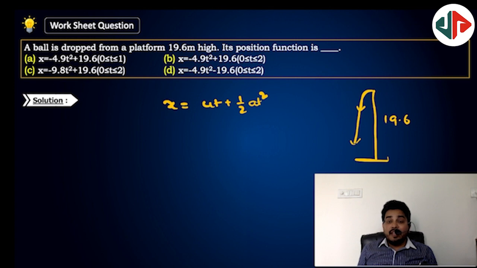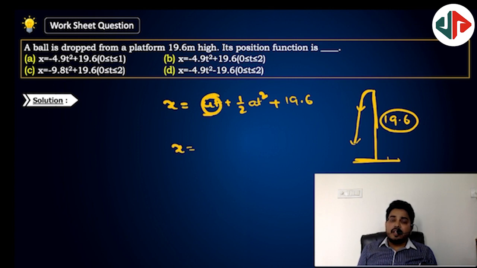Okay, but when t is equal to 0, this value is 19.6. So plus 19.6. Okay. So what is the initial velocity? 0. This one is gone. So x is equal to. Acceleration due to gravity increases or decreases. It will be, okay. So when it is coming here.